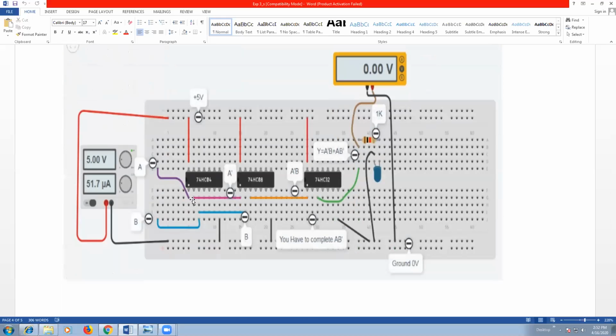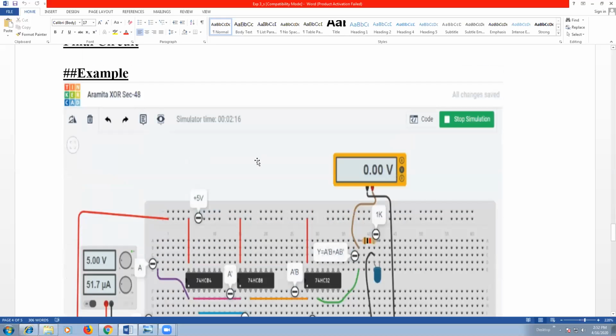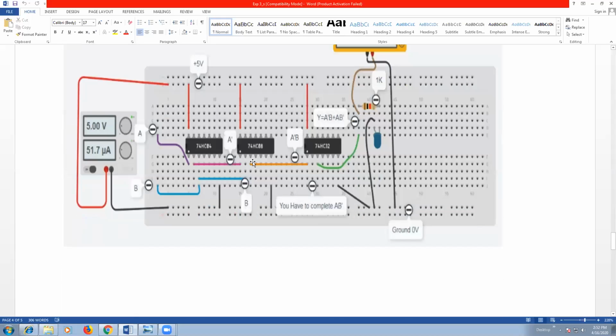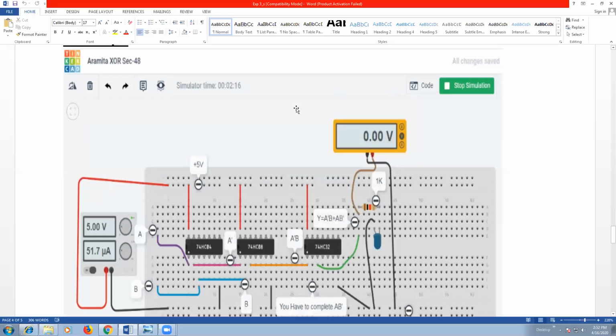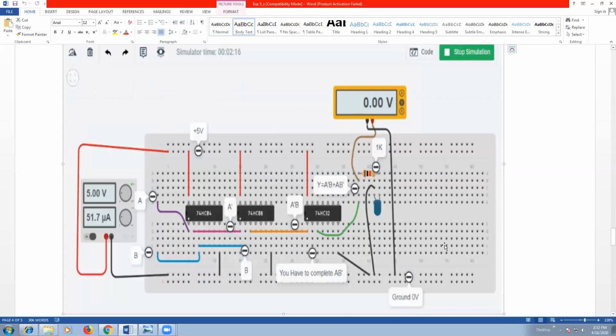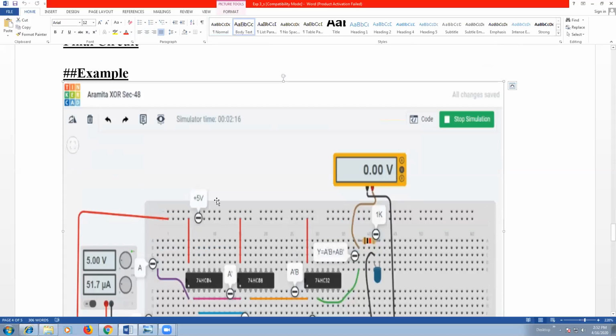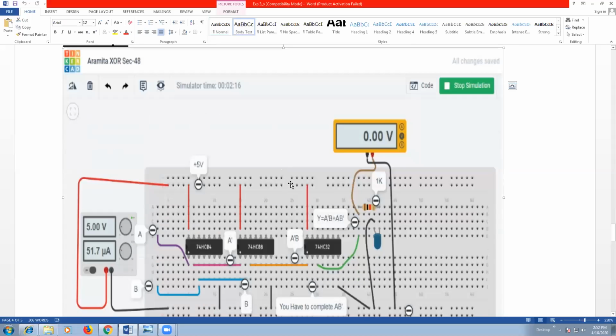You have to delete this snapshot of the circuit diagram, and paste the snapshot of your own circuit diagram which you made in the Tinkercad software on your own laptop or desktop.